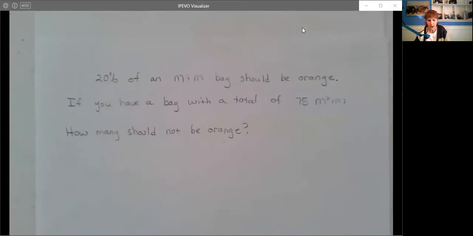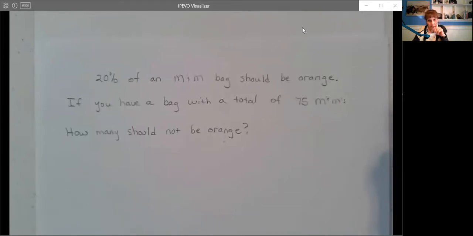They have found, and this is true, that 20% of an M&M bag should be orange, or is usually orange, about 20% of the M&M bag in color. So if you have a bag with a total of 75 M&Ms in it, how many should not be orange?